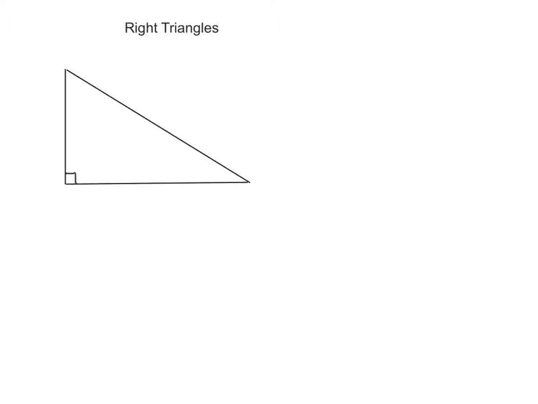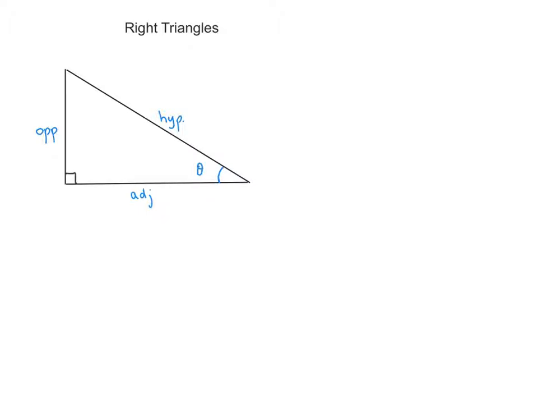So for right triangles now, we know that the ratios are all in some sort of harmony. If we take this angle here, at the bottom here, we know that this is the opposite side, this is the adjacent side, and this is the hypotenuse. This is review here.